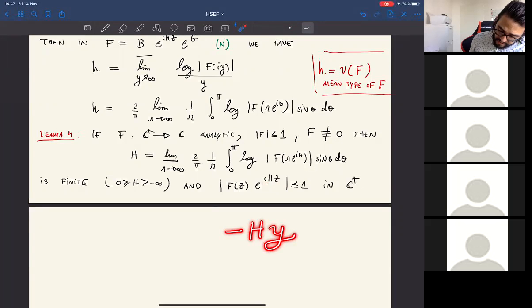So if H is not 0, it's strictly negative, and this is just like the modulus of H times y, which means that this factor is potentially greater than 1. Yet if you multiply by this factor, which may be greater than 1, the function still is less or equal than 1 in the upper half plane. Okay. So, proof.